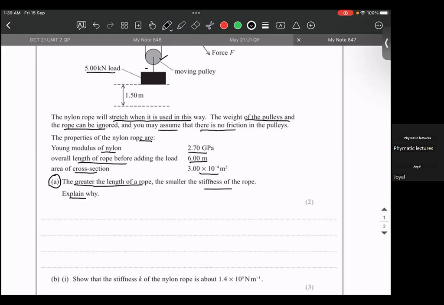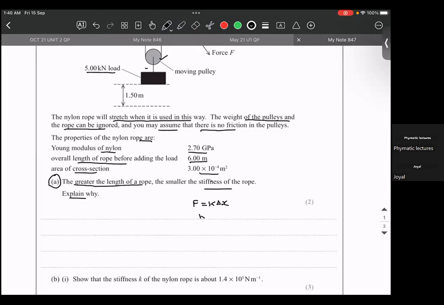So this is a theoretical question. So we know the idea. If the length of the rope is greater, what happens? The deflection, the cumulative effect of the elongation, will be more. And we know the basic equation for stiffness: F is equal to K times delta X, correct?